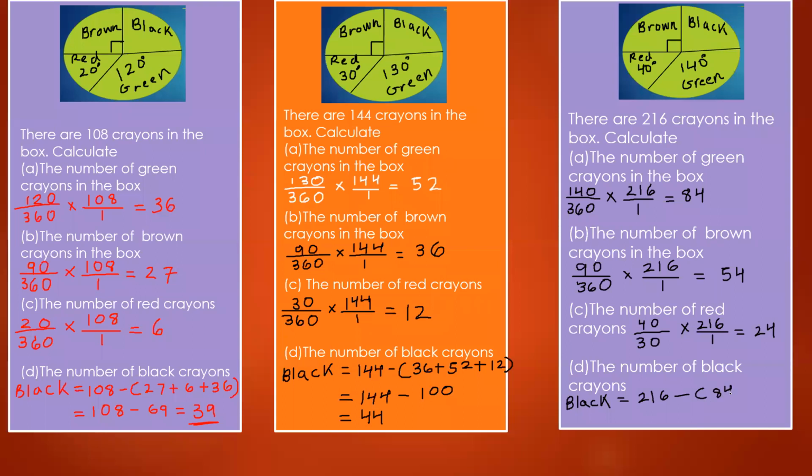So you have to add 84 plus 54 plus 24. When you add all of them together, what do you get? 162. And when we subtract them, we get 54. Did anyone else get that answer? Okay, good.